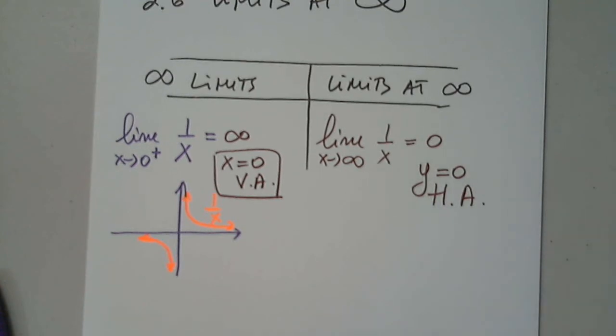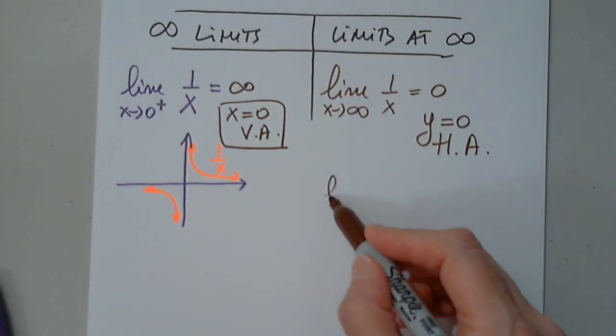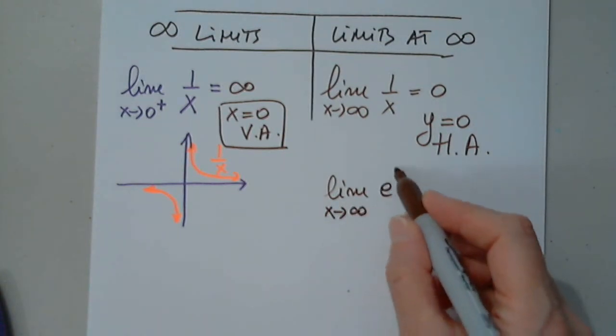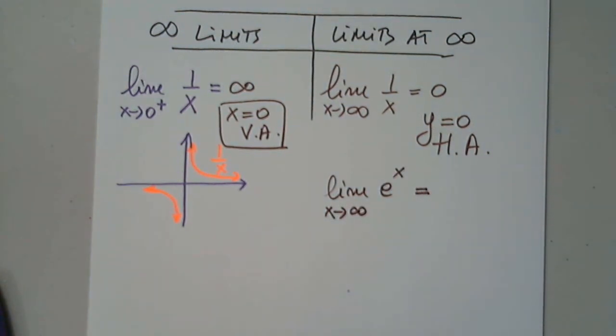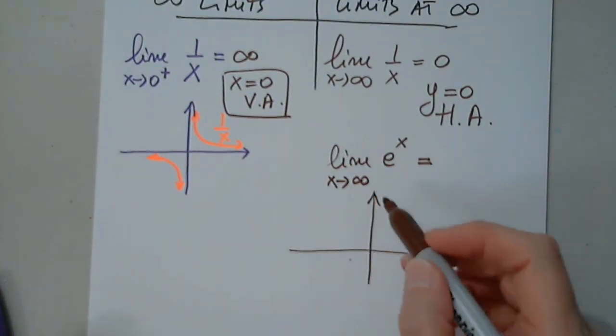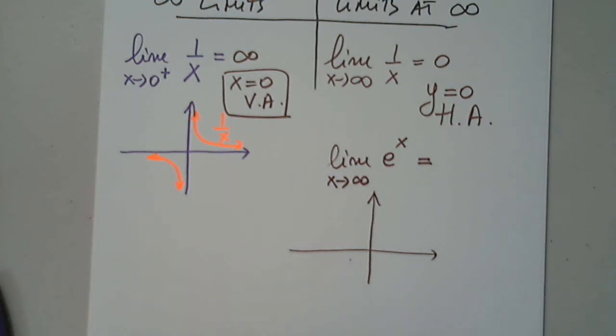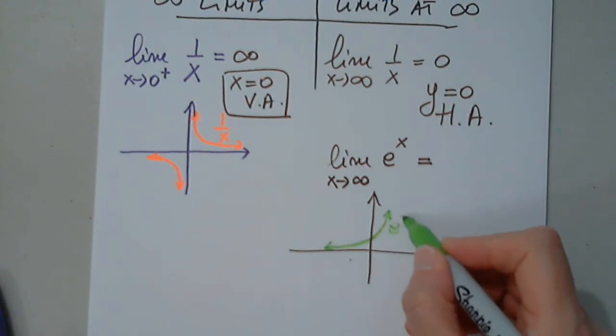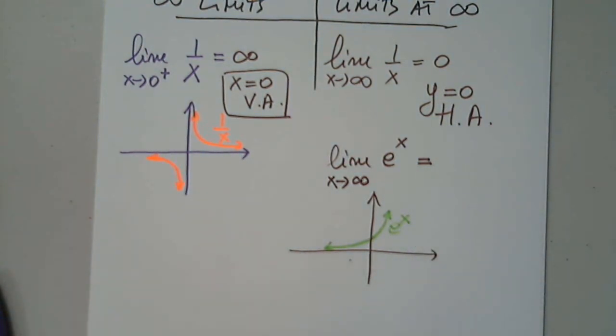For other functions, for example, here's another example, the limit as x approaches infinity of e to the x. This is not a rational function, and the result would be, I hope my students immediately remember, we graphed this today, a few minutes ago. This is the graph of e to the x. We don't like this function for the obvious reasons.